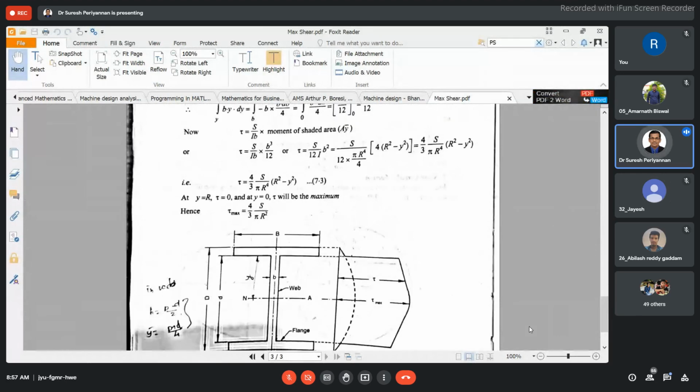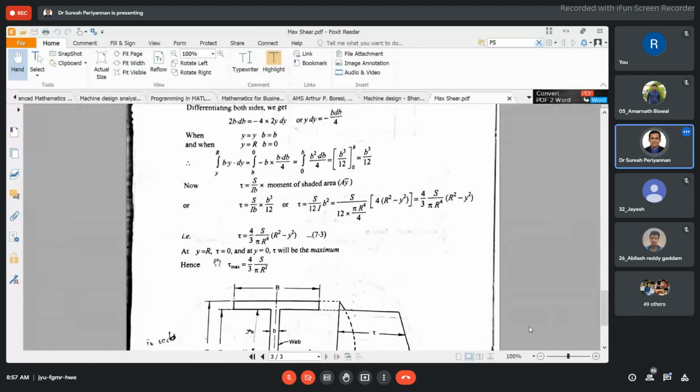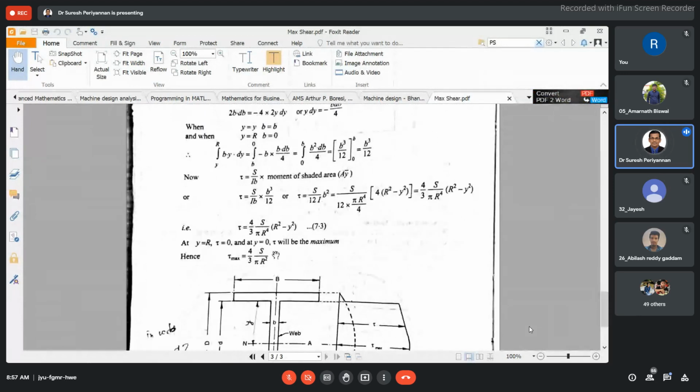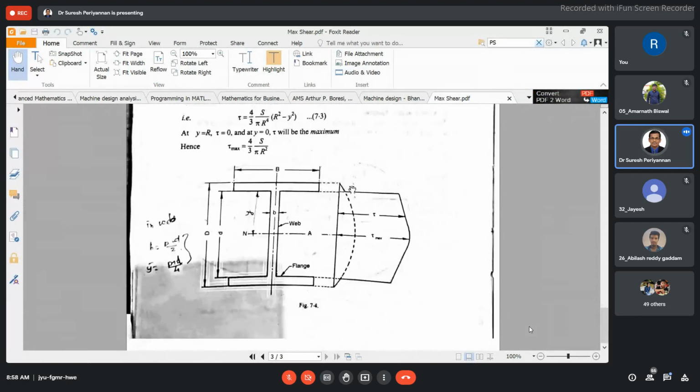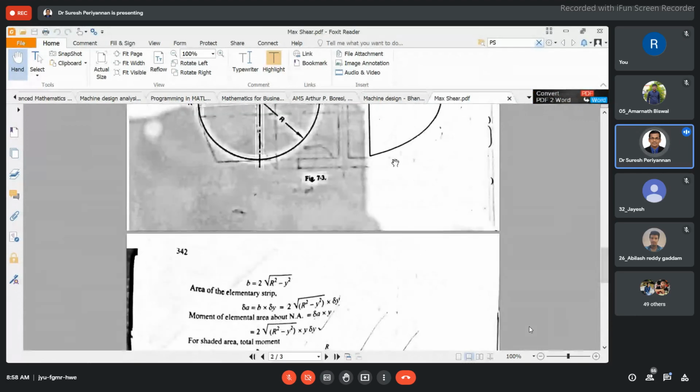If I consider the circular cross section of the bar, tau max is 4 by 3 into S by pi r square. I hope you have understood now.